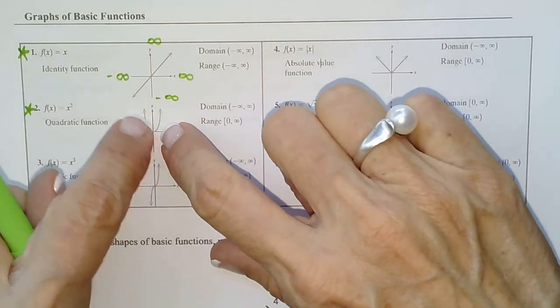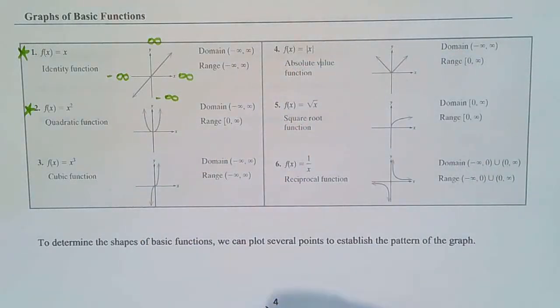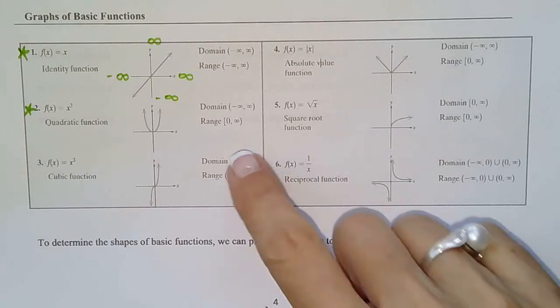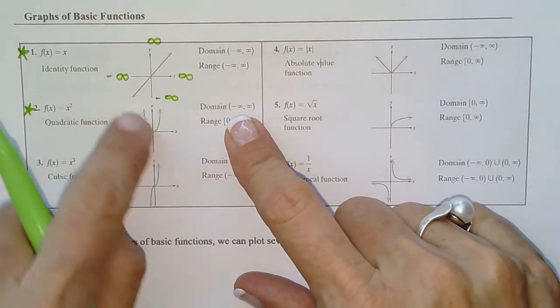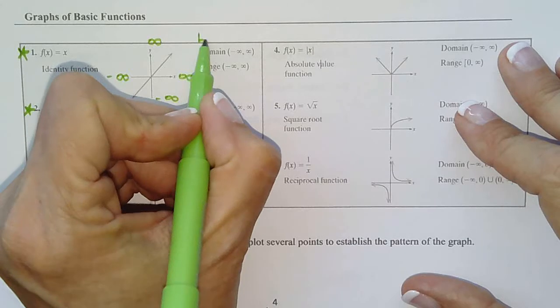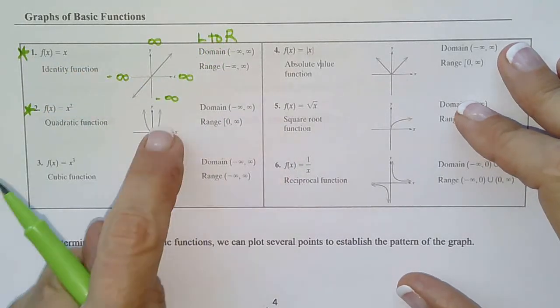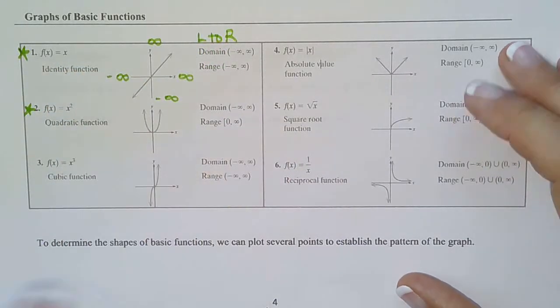Parabola goes left forever and right forever. That's why I'm so picky about students putting arrows on their graphs, because that's how you know to put your infinity. So left forever, right forever, because domain is left to right. And so again, we have -infinity to +infinity.